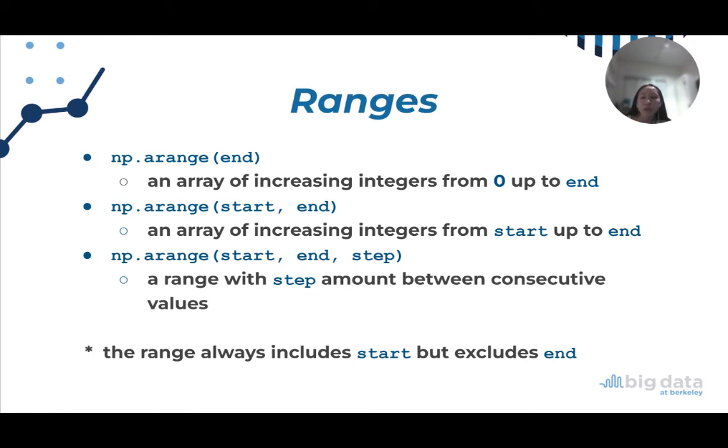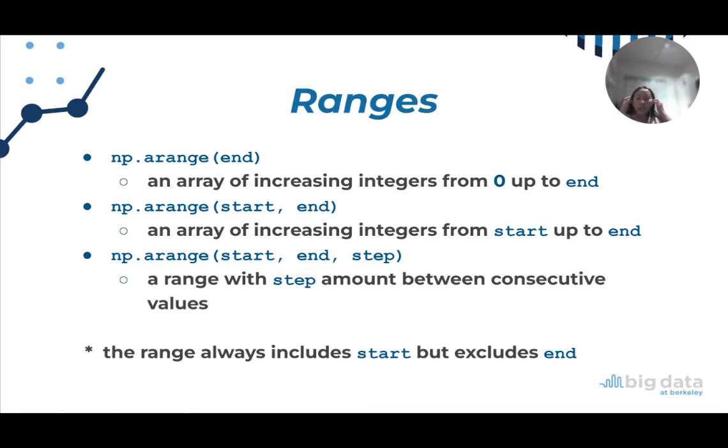So if you only use one value, it will assume it's the end value. It will default pick the start position as 0, and it goes up to the end, and it will assume your step is 1.